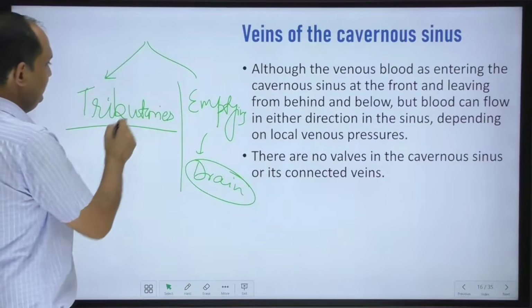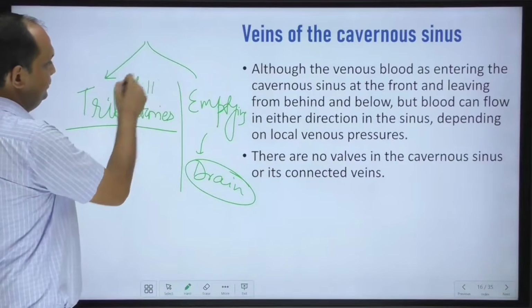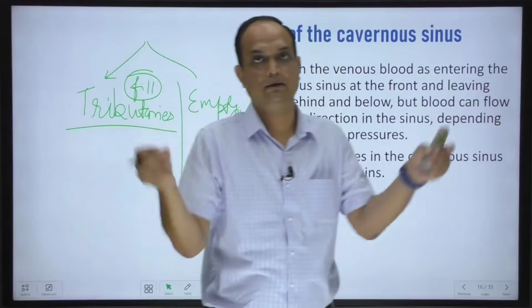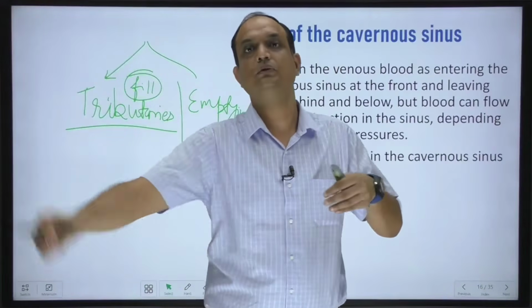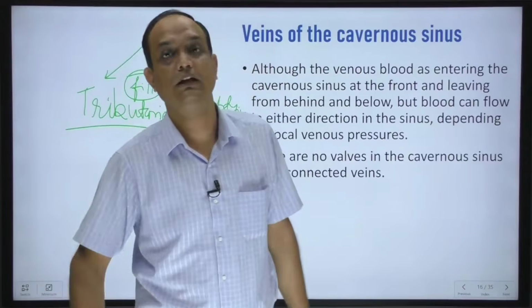So tributaries are incoming, so they will fill the sinus. And draining channels are outgoing, so with their help the sinus will empty.